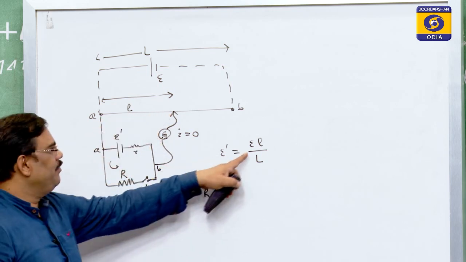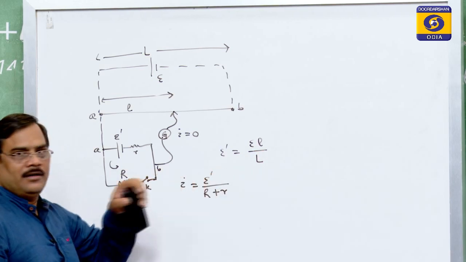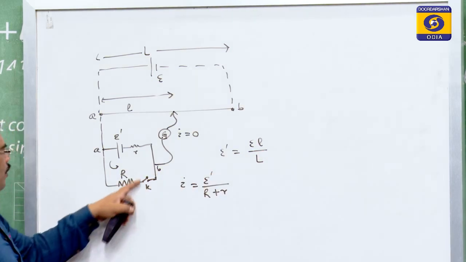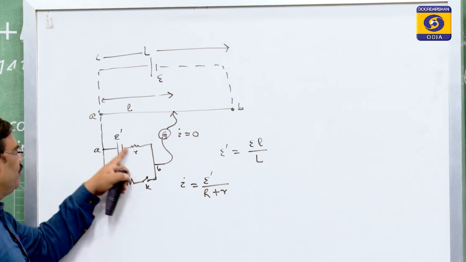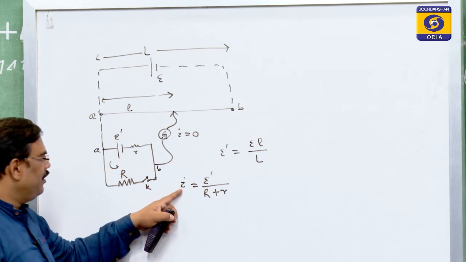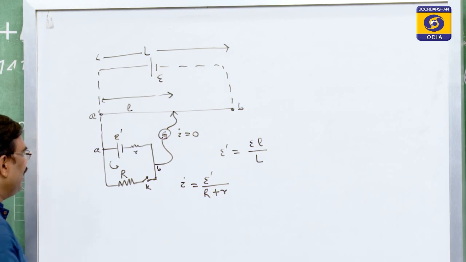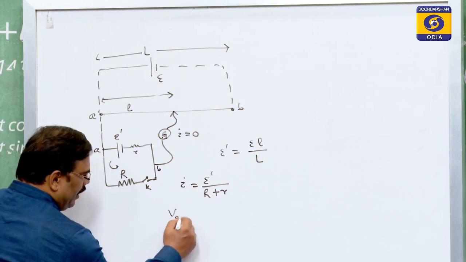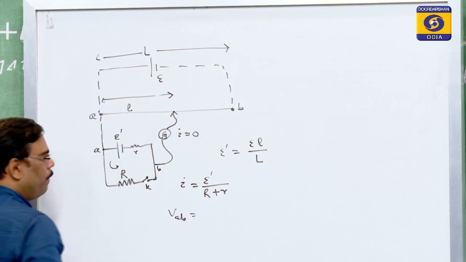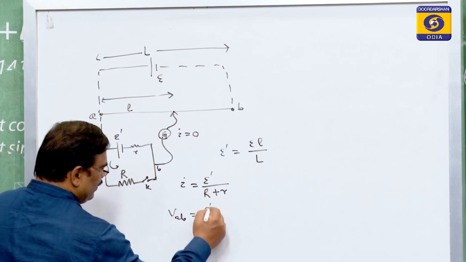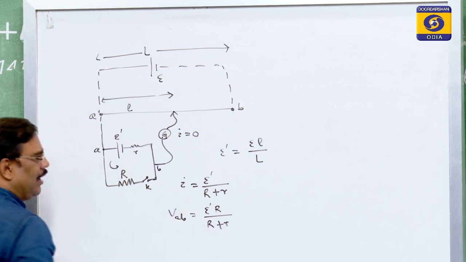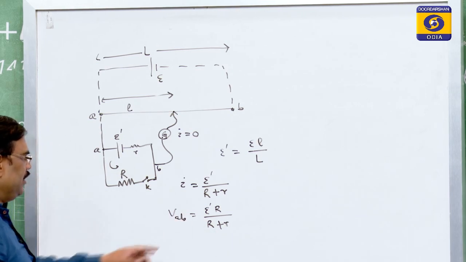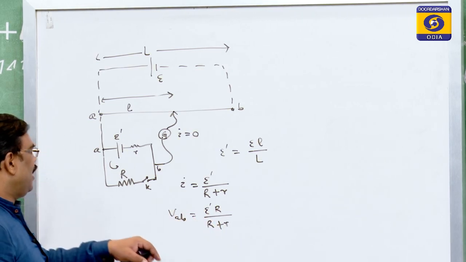So, my E dash will be equal to E L divided by capital L. Now, when K is closed, there will be a current flowing through this network, and the current will be I equal to E dash by R plus r. So, V A B equals E dash R divided by R plus r, because V A B equals I R.